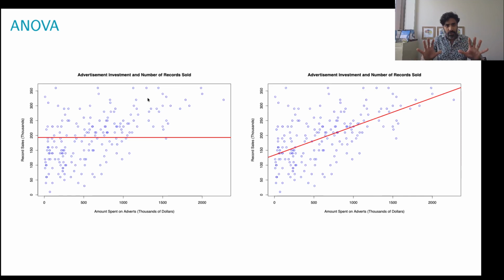So conceptually, this is what it means, right? We have the data, the amount spent on adverts in $1,000 and record sales in thousands, and the first initial model uses the average of record sales, and it fits that through the data. And then the second model fits the line of best fit through our data, and it compares the two with one another.